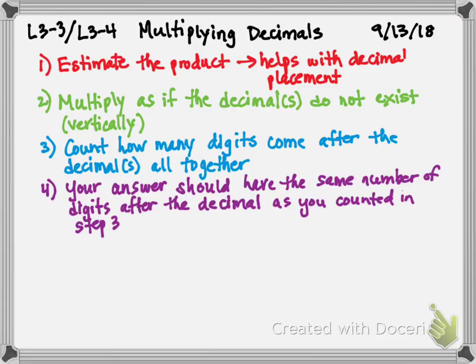So again, if you look here, we've got 1, 2, 3, so it's step 3 is the one that's going to be how many digits come after the decimal point.